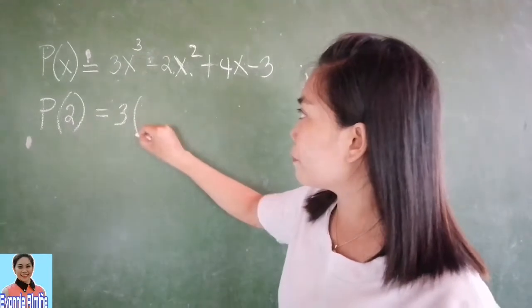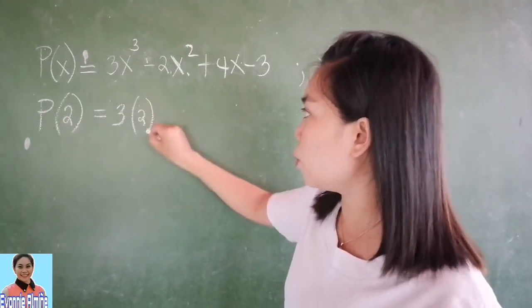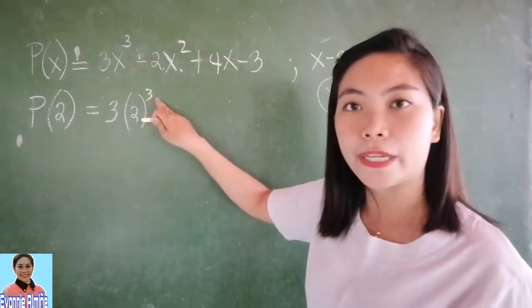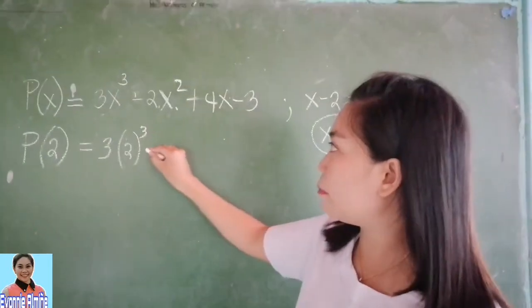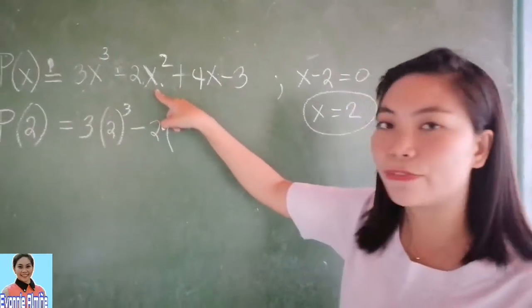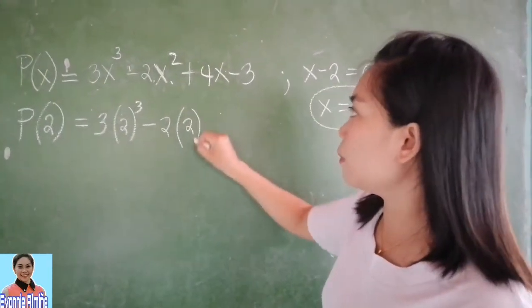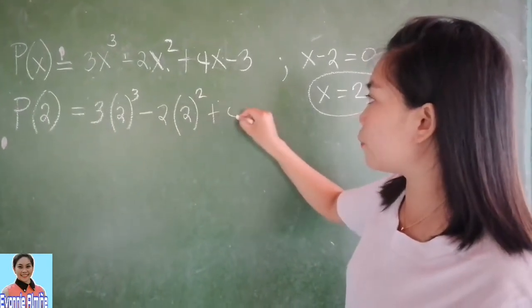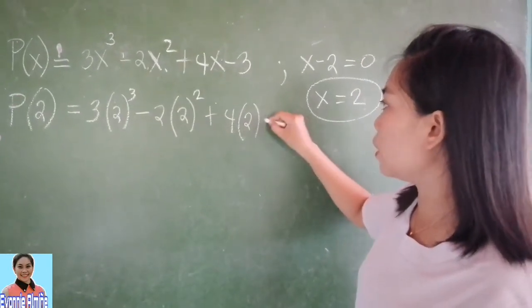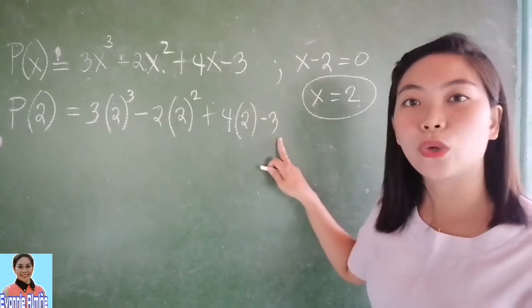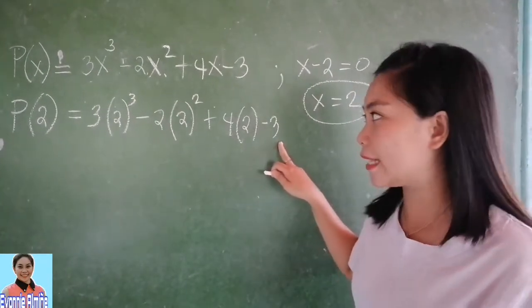Then 3, then the value of x is 2, then of course, you have to copy the exponent. Minus 2, then the value of x is 2 squared plus 4 multiplied by 2, then bring down the constant term which is negative 3.